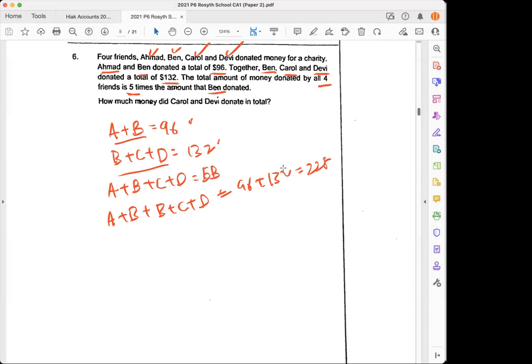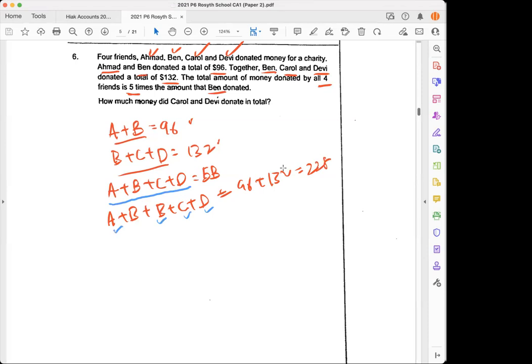Now the next thing you need to do is compare the statement you've created against the two statements that are provided. So this A, B, B, C, D. Then you look up. There's A, B, there's B, C, D, right? Then you look up here. A, B, C, D. So there is A, B, C, D here, and this A, B, C, D matches this A, B, C, D, right?